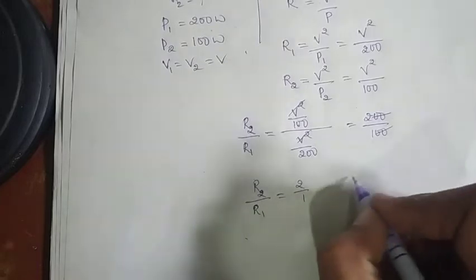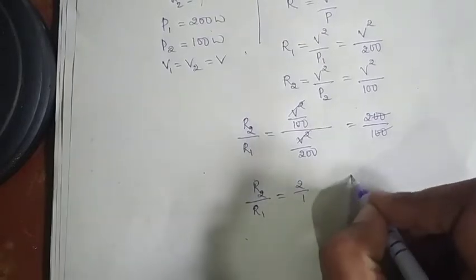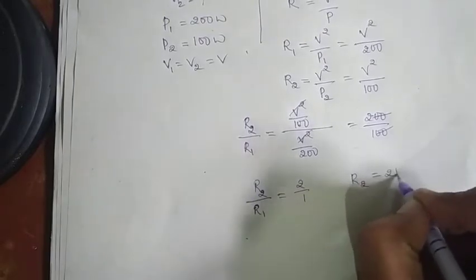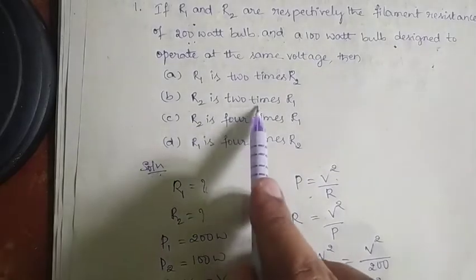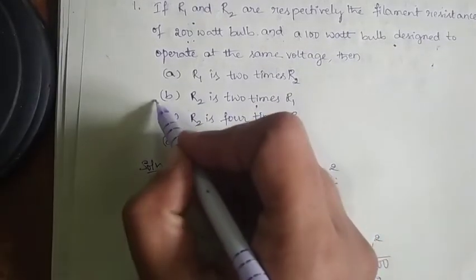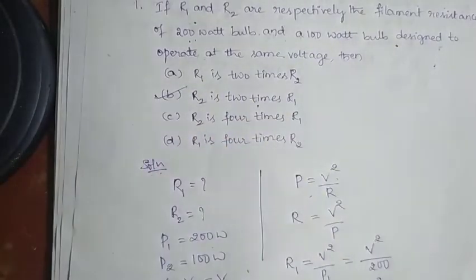R2 divided by R1 should be equal to 2 divided by 1. This implies, cross multiplying, R2 equals 2 times R1. Hence, R2 is 2 times that of R1. This will be the answer, option B.